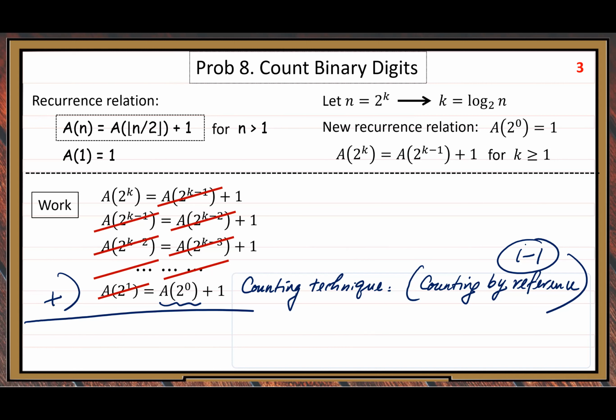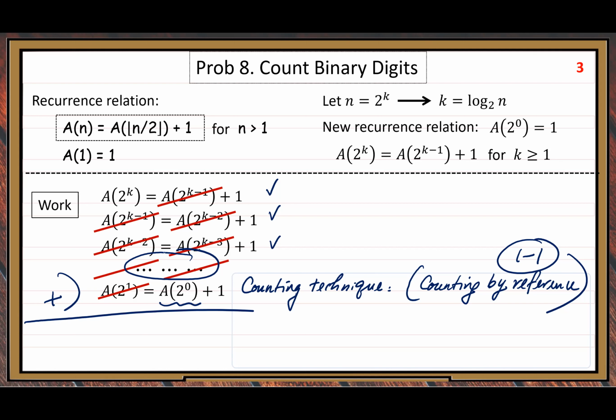Our goal is to count the number of lines. But due to the skipped lines, we may not be able to keep track of all of them, right? To keep track, you need to find an appropriate reference to help you.